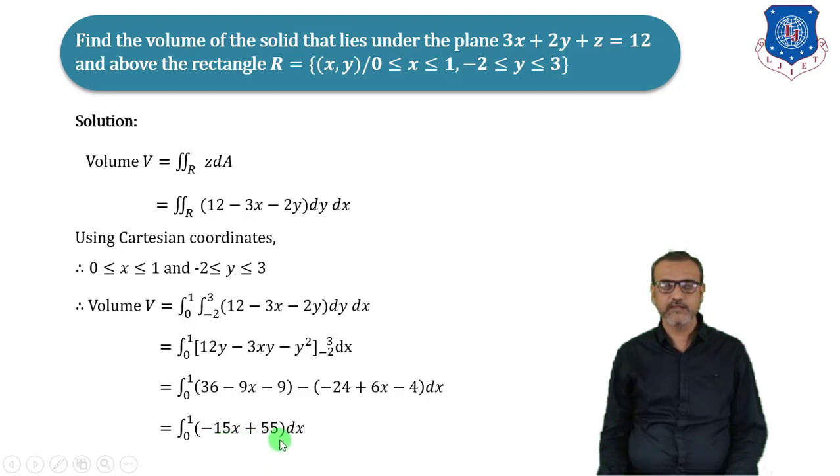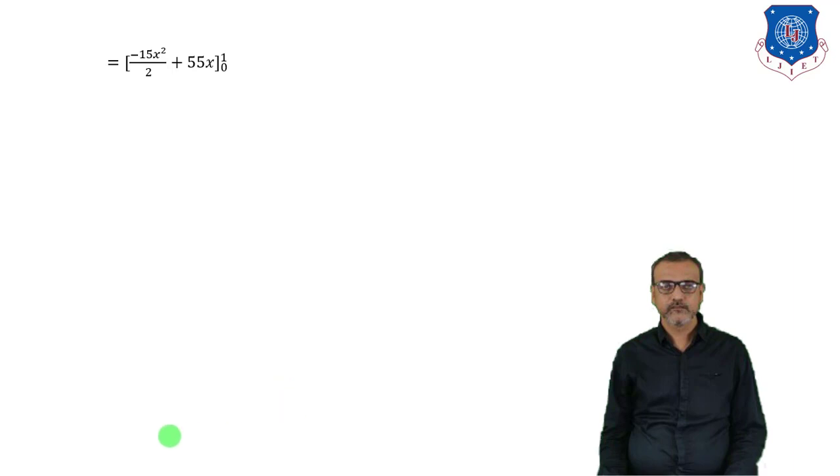Now we will integrate this function with respect to x. So this equals minus 15 as it is, and the integration of x is x square by 2, plus 55 as it is, and the integration of 1 with respect to x is x, and the limit is from 0 to 1.